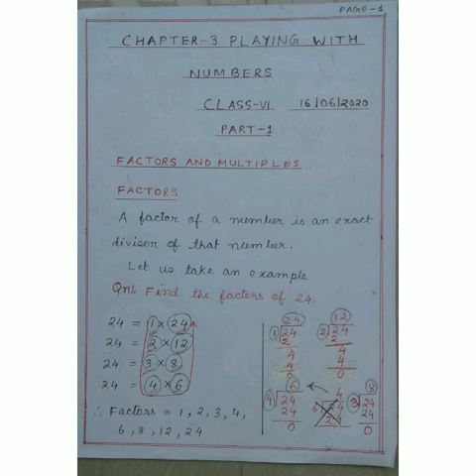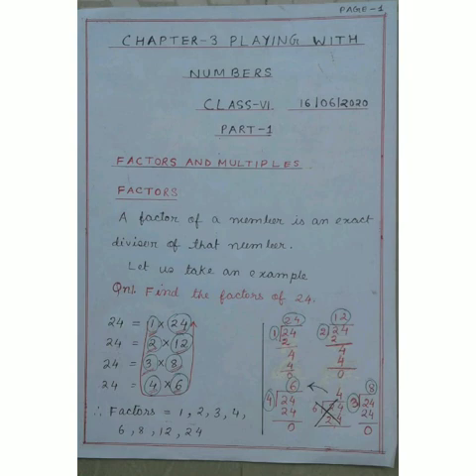Now, after I start to get the repeated value, I shall stop the calculation here, and in the main section I shall write 24 equal to, the first pair, 1 into 24, second pair 2 into 12, third pair 3 into 8, next pair 4 into 6.